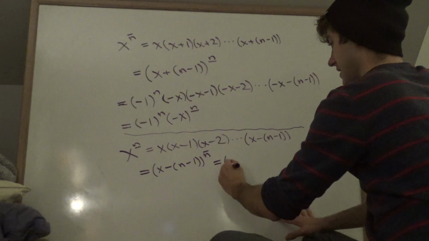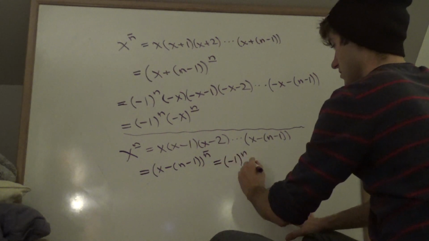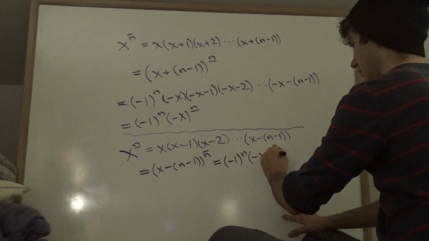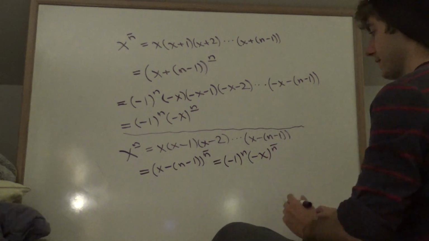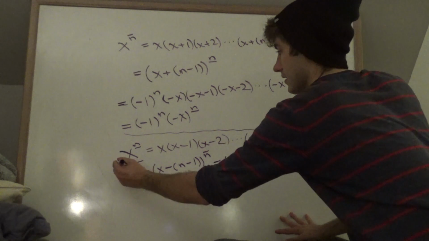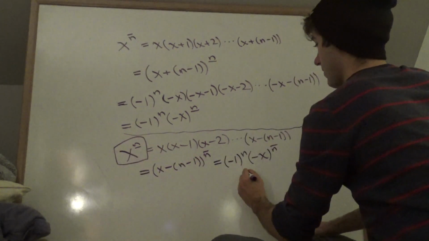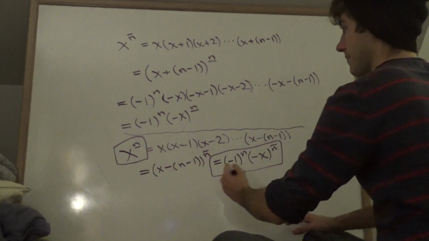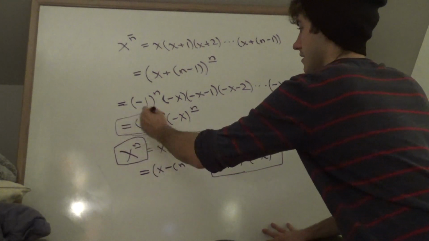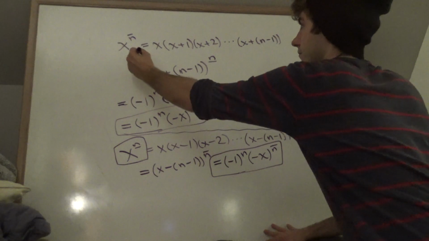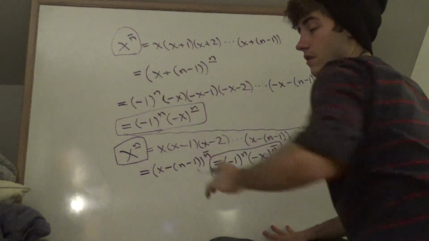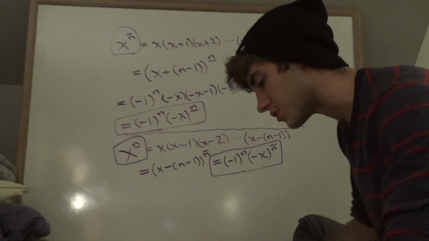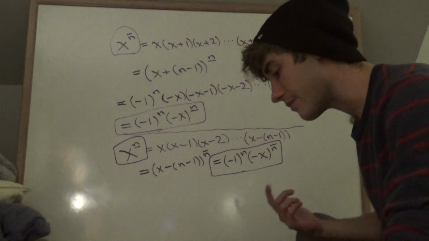So this becomes negative 1 to the power of n times the nth rising factorial of negative x. And so this is a couple ways of rewriting these functions in terms of each other. So those are the same, and these are the same. Right? Cool so far? Just demonstrating some relationships between the two things, relating them to one another.